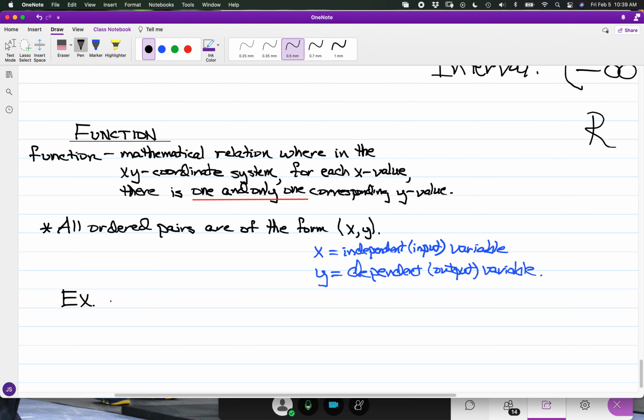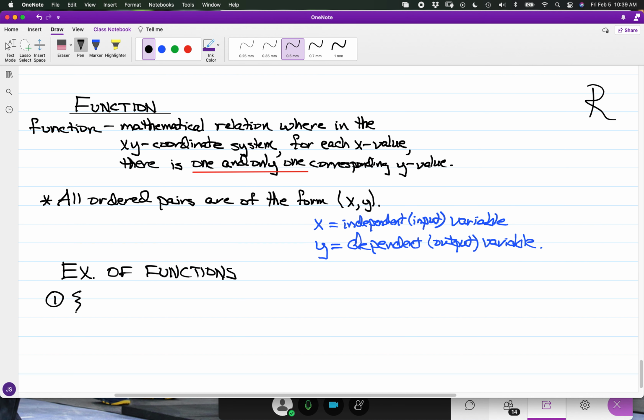Now for examples of functions regarding x and y values. Functions can be given in the form of graphs or equations, but I'm going to present functions as sets of ordered pairs. Just like an example of a function, we can say we have (0, 2), (3, 5), and (-1, 9).